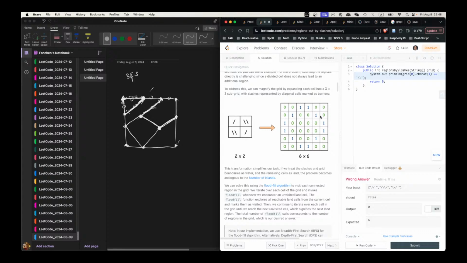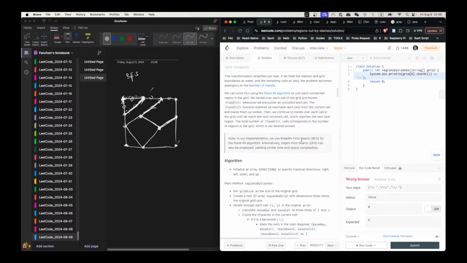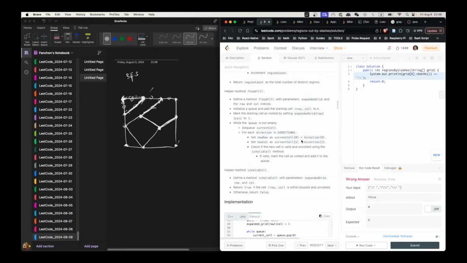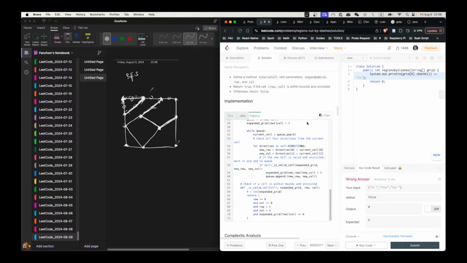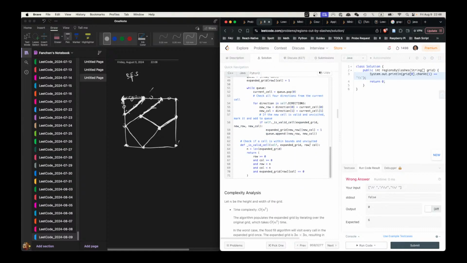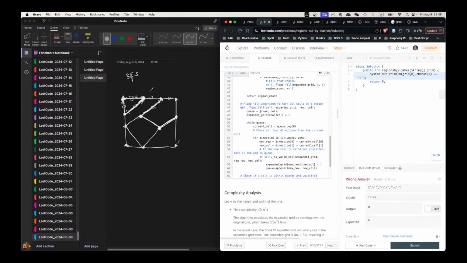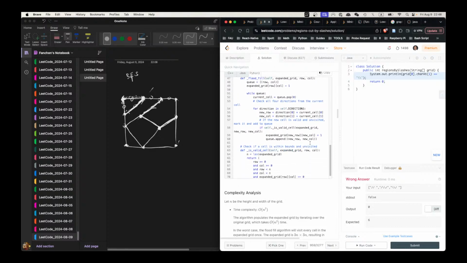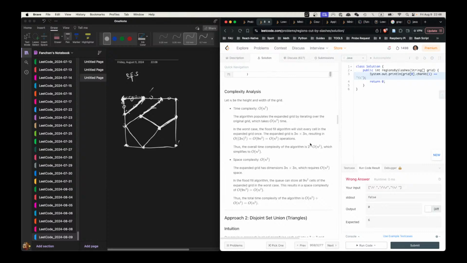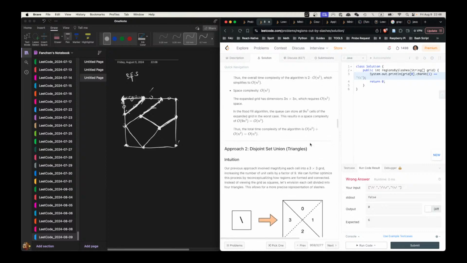Go on, visited already, so we don't do it. Okay. Flood fill. I think I can do that. I think I know what this one means. I have my way of doing it. I'm not going to read this. Okay, how about this disjoint set union?